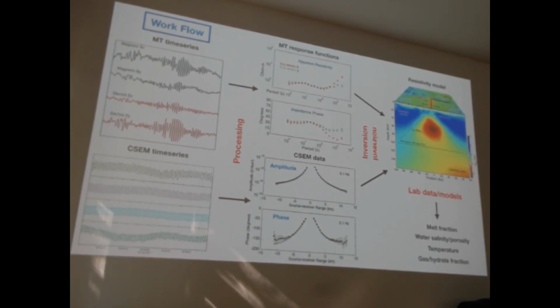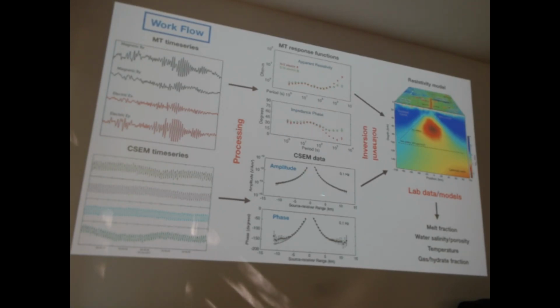So the workflow: you start out by measuring these magnetic and electric fields at the surface of the Earth, the magnetotellurics. If you're doing controlled source EM, you're measuring the amplitude and phase at a single frequency typically. You take these time series measurements and move them into the frequency domain. In the magnetotelluric method, you end up with amplitude and phase as a function of period or frequency.